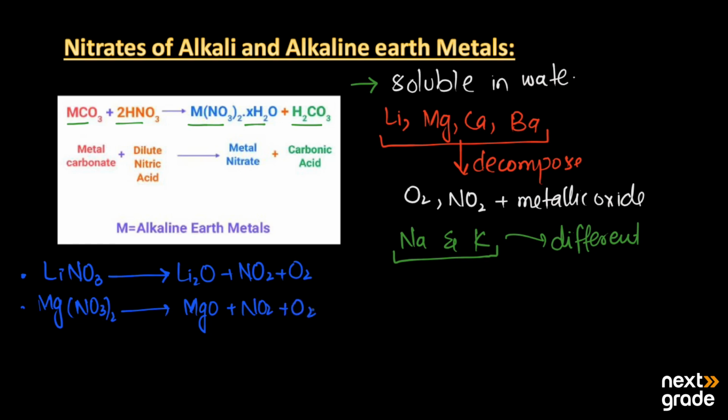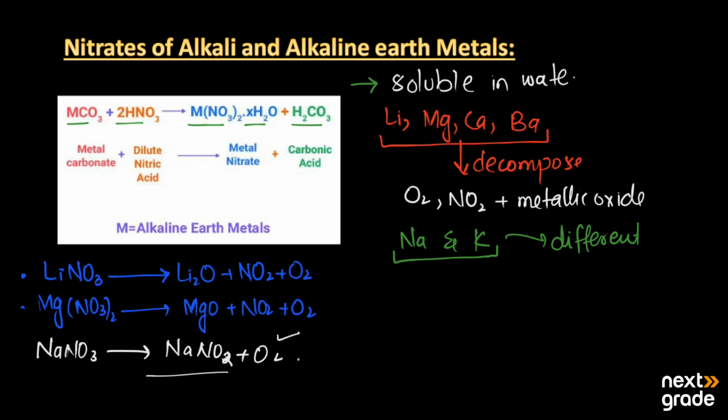But on the other hand, when we have the nitrate of sodium, which is sodium nitrate NaNO3, it decomposes and produces sodium nitrite plus oxygen gas. It does not produce nitrogen dioxide; rather it produces NaNO2.